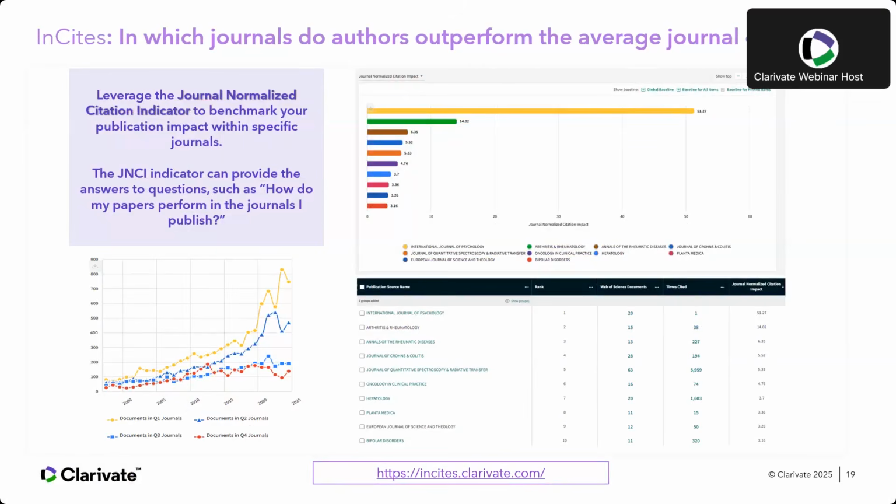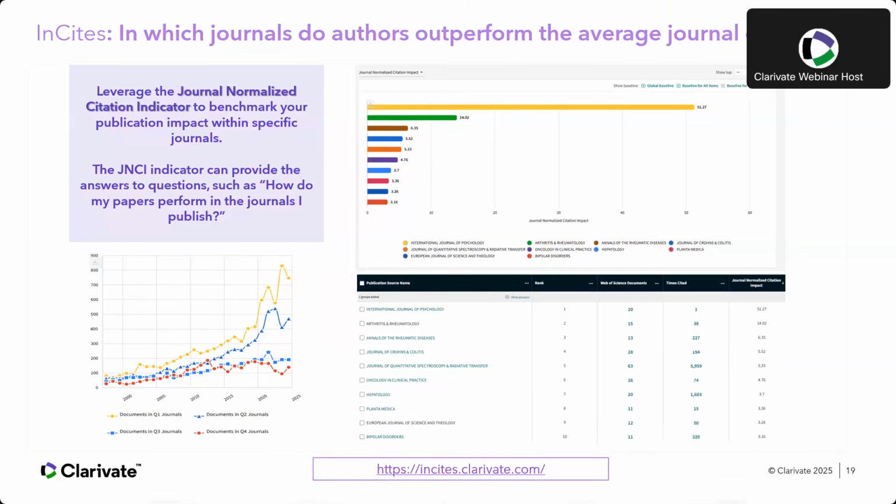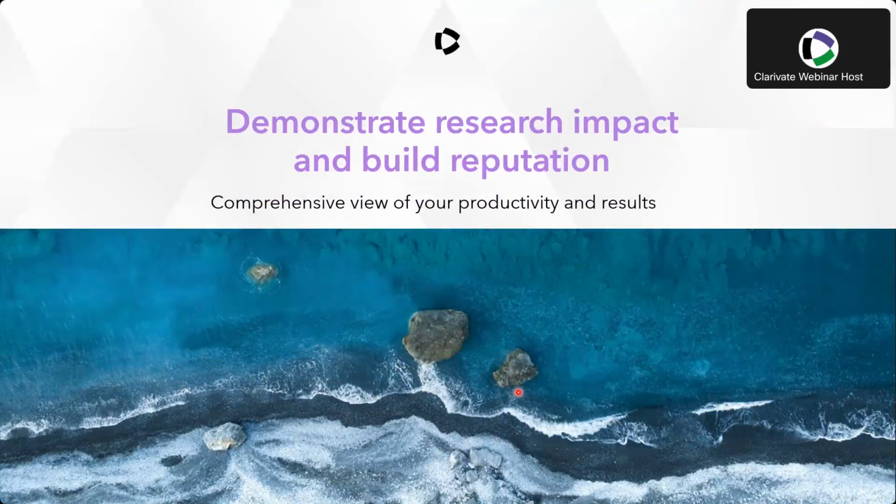So here you look at one analysis and you're asking for a list of journals, which ones where the authors do better than the average, right? So you get a list of journals. You can have such analysis as well, the trend of number of publications by quartile, and so on. So that's from InCites.